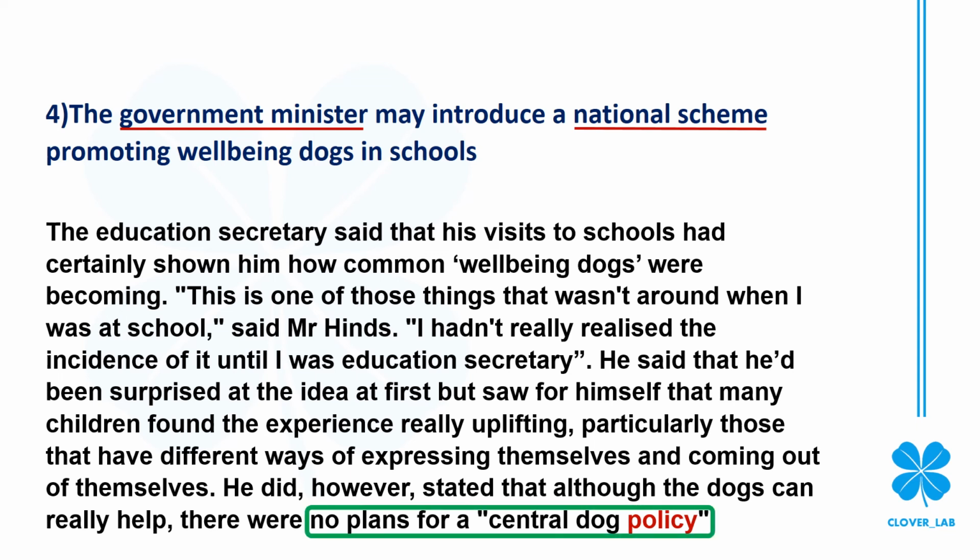Well guys, the word policy in this case is basically a synonym for the phrase national scheme. So then that leaves us with only one possible answer. It's false, because the Education Secretary states that there are no plans for a central dog policy, so the answer is false.